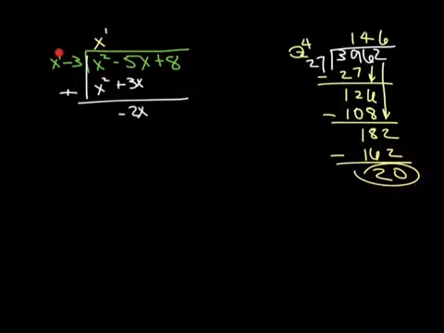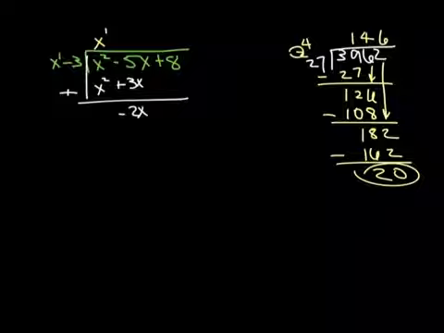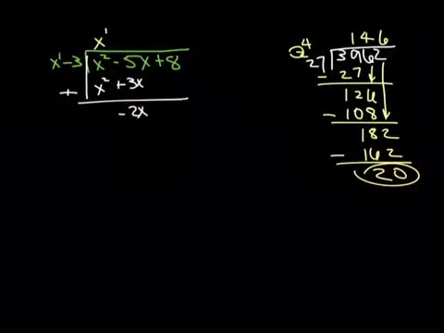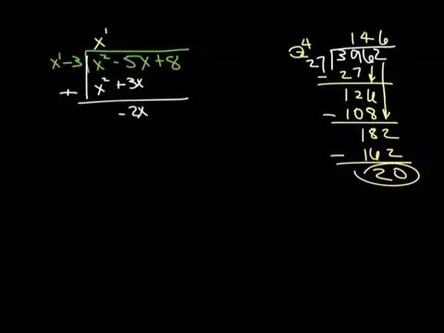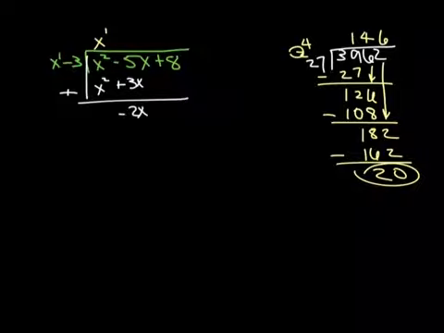What is 1 minus 1? 0. Any number to the 0 power equals 1, correct? So this goes into this 1 time. 1 times negative 2 is negative 2.